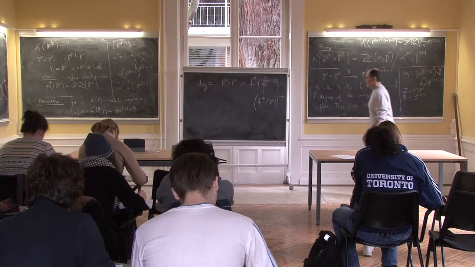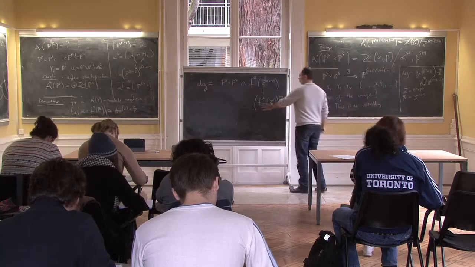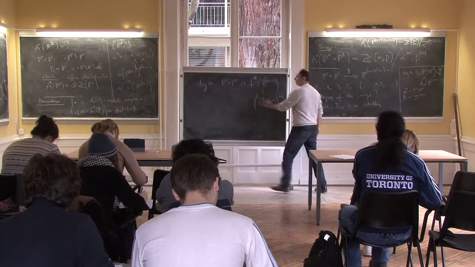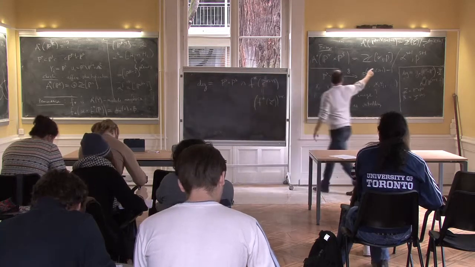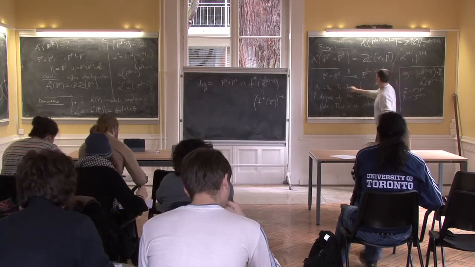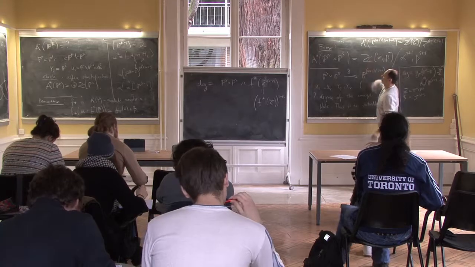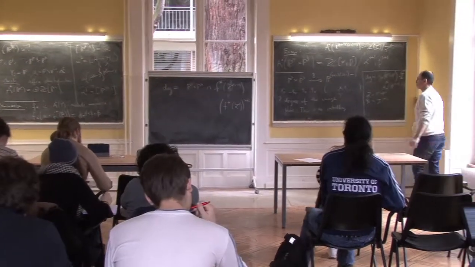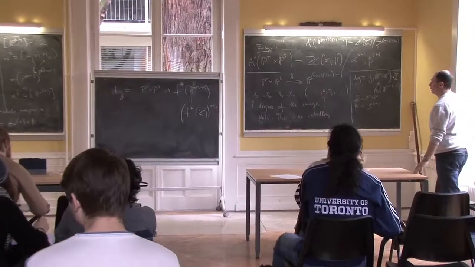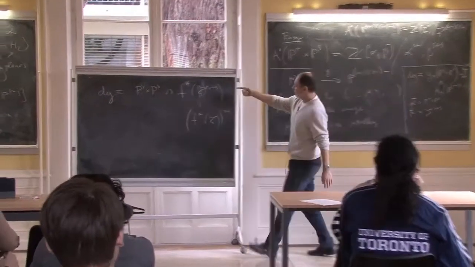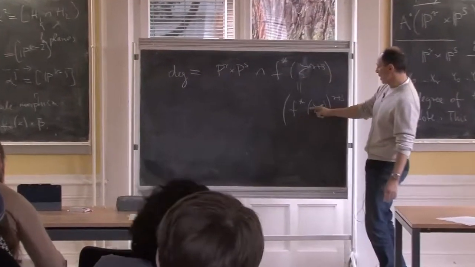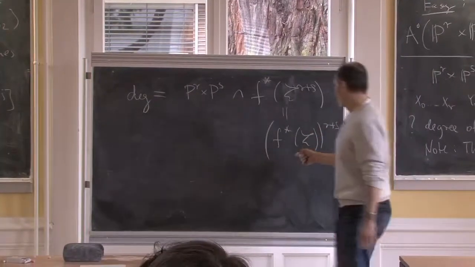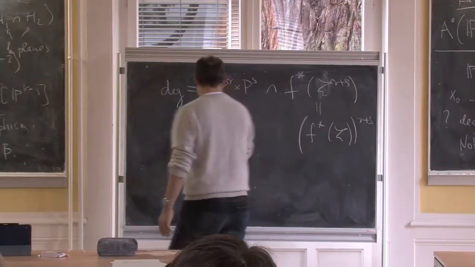So basically, I just need to calculate the degree of this object, the pullback of zeta in this ring, the Chow group of P^r plus P^s. This is where we win: using that theorem, this is a group homomorphism, so it's just a linear object. So let's evaluate the pullback.